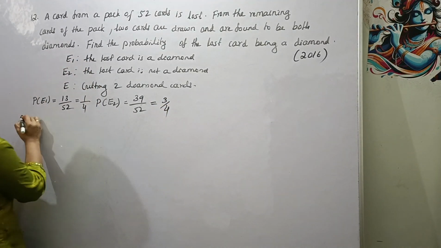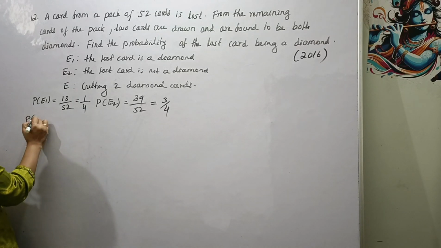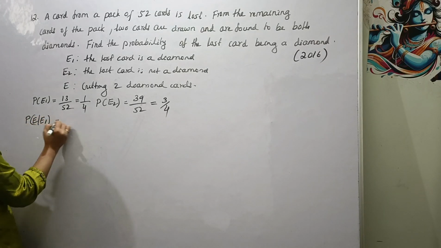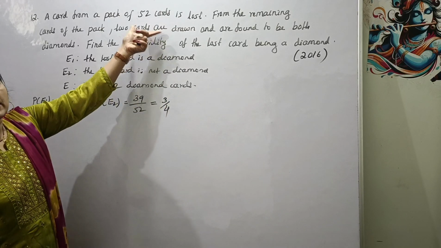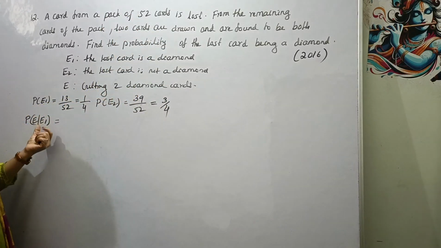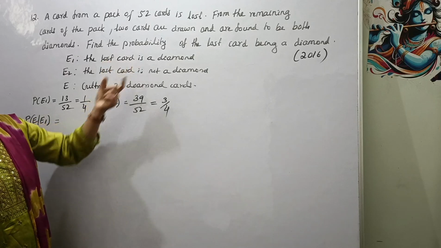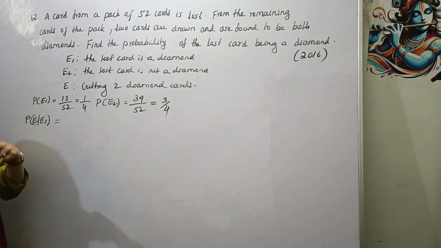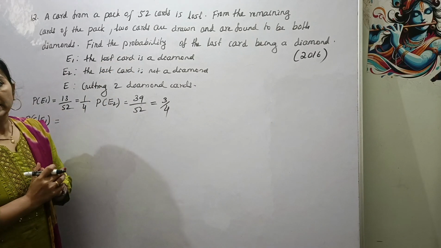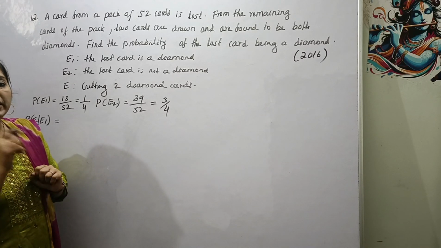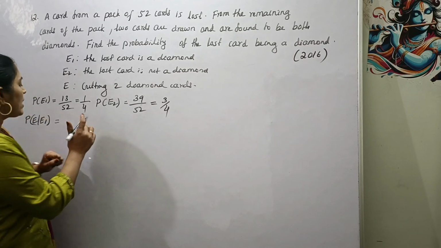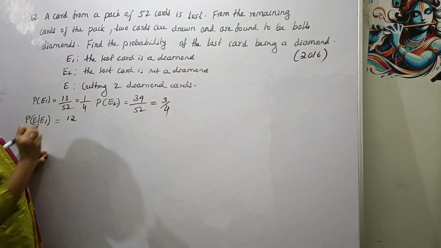Then probability of E given E1, that is the probability of getting two diamond cards when the lost card is a diamond. See, if the lost card is a diamond, then one diamond card is reduced. That is, there are 12 diamond cards.